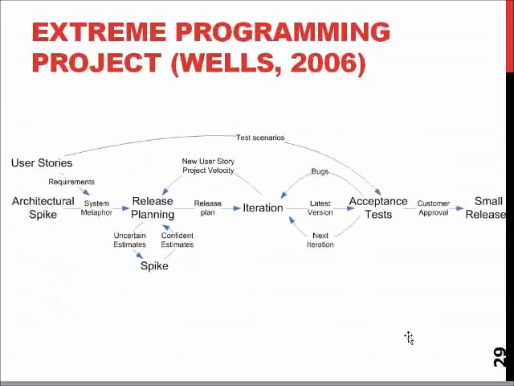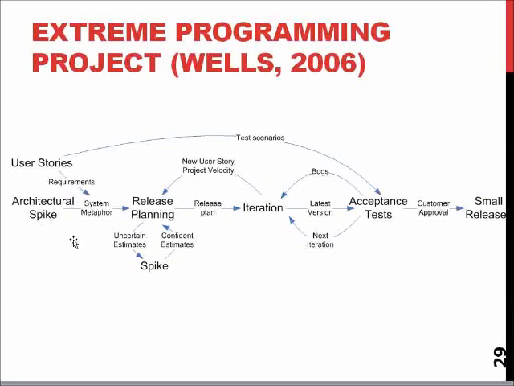So basically the XP project goes like this. You do an architectural spike, meaning that you do planning work for what sort of system you want to have. You collect the user stories, which are the requirements and the test scenarios.